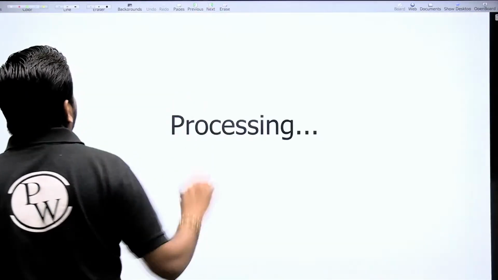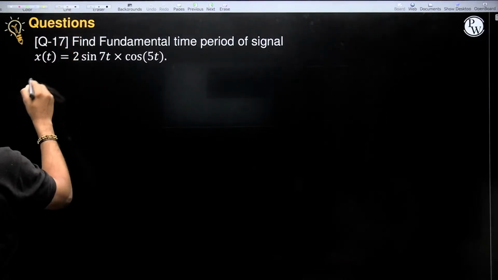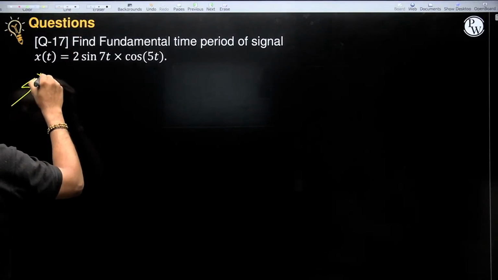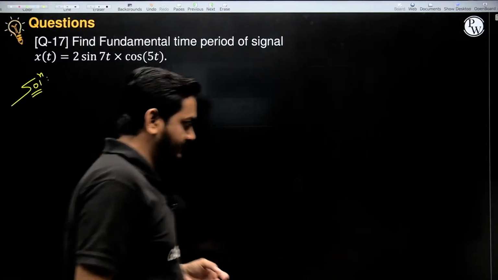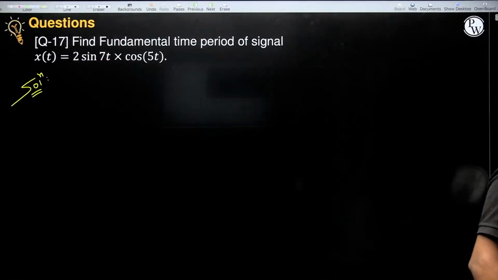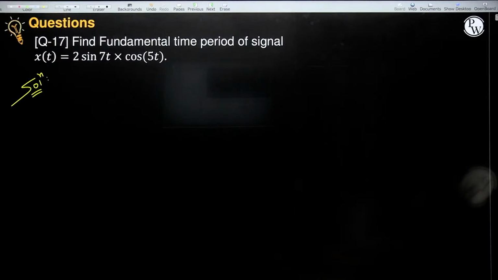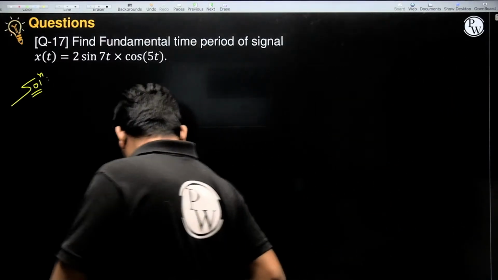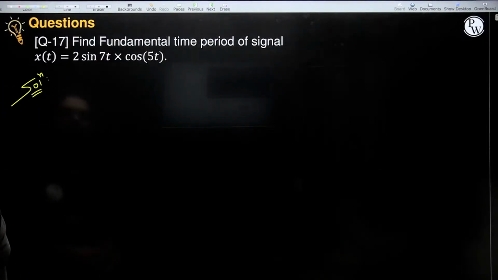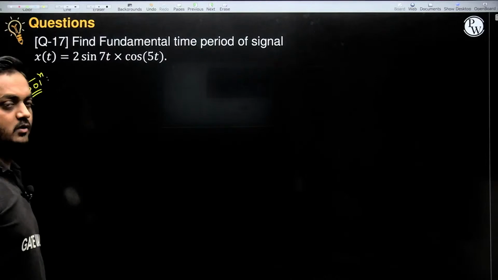The next question. Find the fundamental time period of the given signal x of t equal to 2 sin 70t into cos 5t.